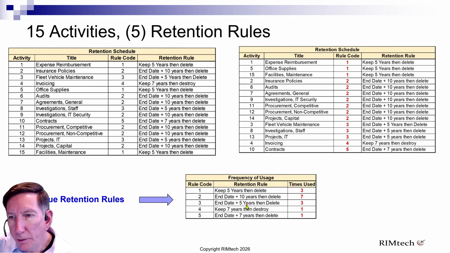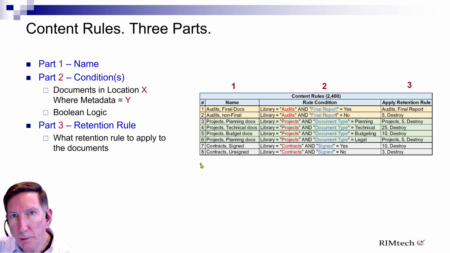So here in this example, for 15 activities, we only have 5 uniquely different retention rules. They're just reused across multiple activities or categories. So the total number of unique retention rules is actually quite small in a typical retention schedule.